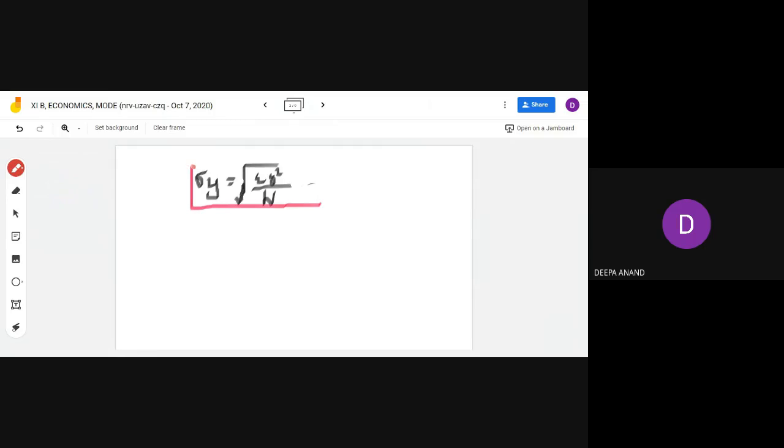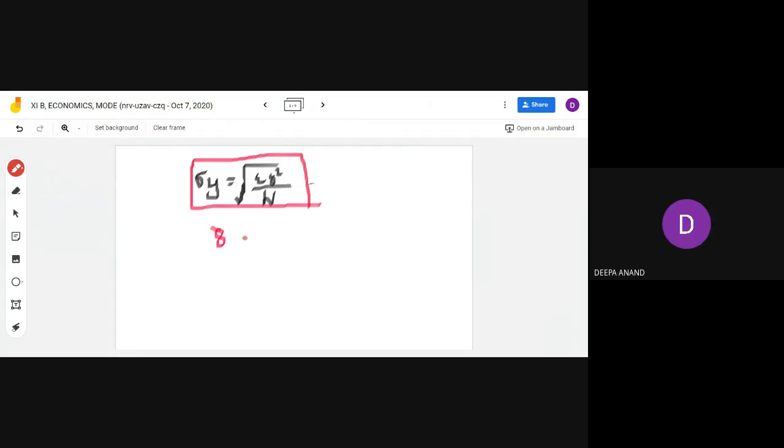Standard deviation of a single series: as it is given, standard deviation y, we put root of sigma y square upon n, and if the standard deviation of a particular series x is given, then you will write sigma x is equal to root of sigma x square upon n. So here, standard deviation of y series is given as how much? 8, right?